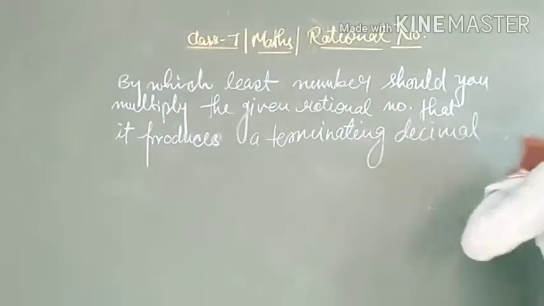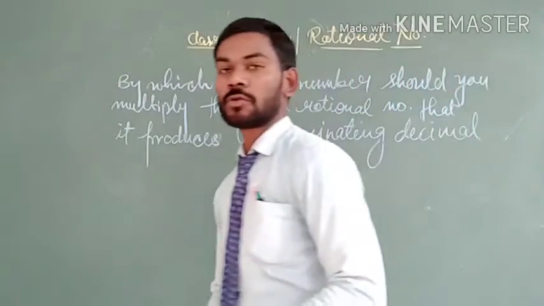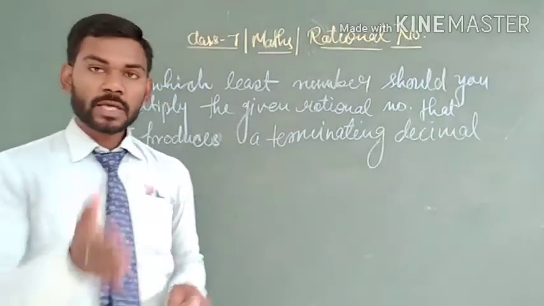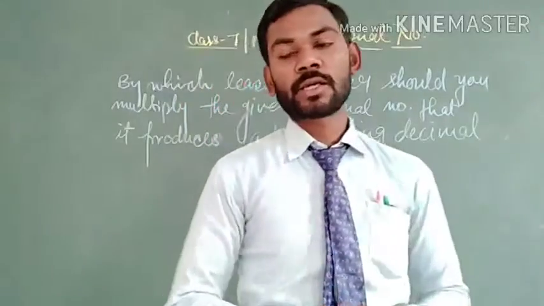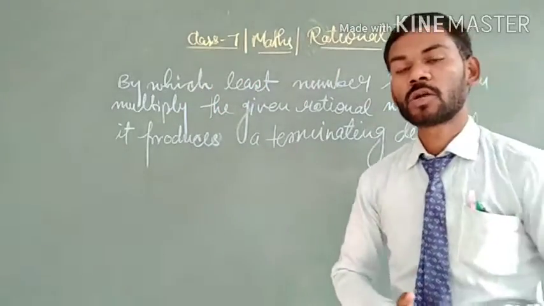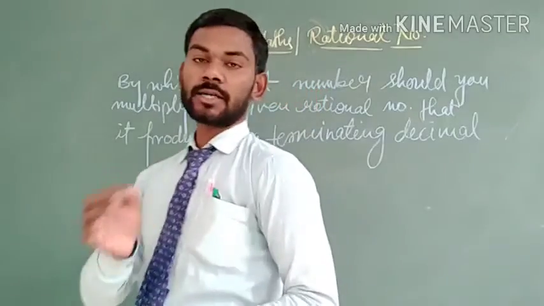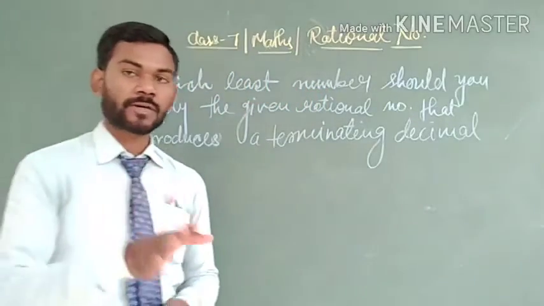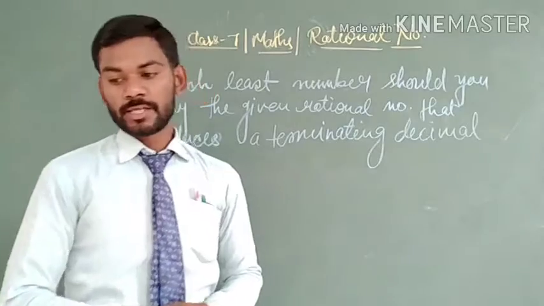So students, in this question, as I told you in the first session, when we convert the denominator into 10 or a multiple of 10, then that rational number can easily be converted into a terminating decimal number.